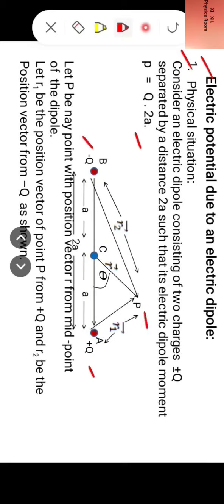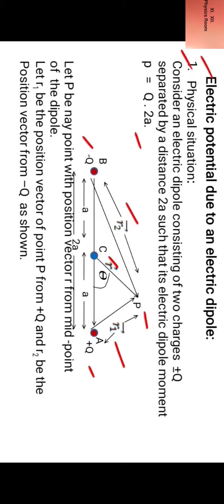Now let P be any point with position vector r from the midpoint of the dipole. Let r1 be the position vector of point P from plus Q and r2 be the position vector from minus Q, as shown in the diagram.